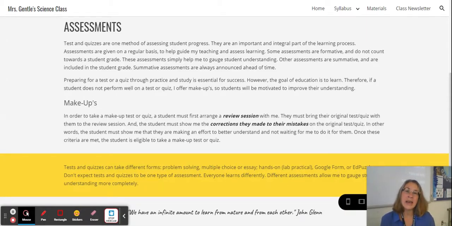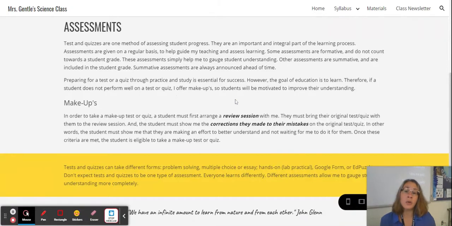The key that I want students to understand, and of course I want parents to understand as well, is that learning is a process, and sometimes you don't learn it at the same rate that I'm expecting you to, and you might need to take a makeup or make corrections on something. So I do offer makeup for tests and quizzes.